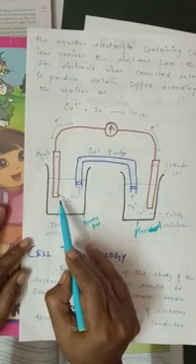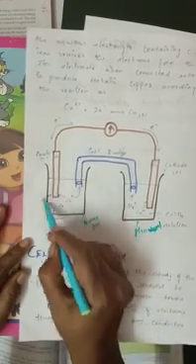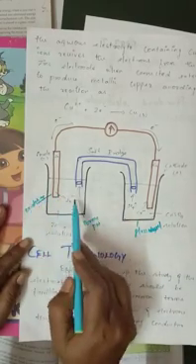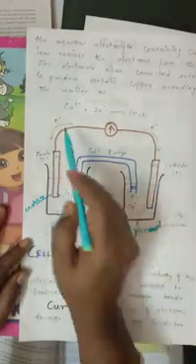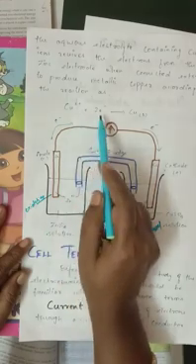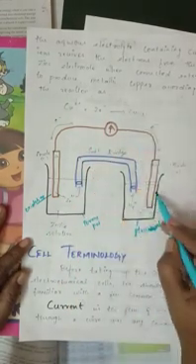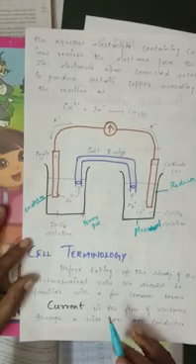Here the zinc releases 2 electrons, which means oxidation takes place. At the same time, these 2 electrons are received by copper. So Cu2+ accepts the 2 electrons and becomes copper metal. So here reduction is taking place, right?